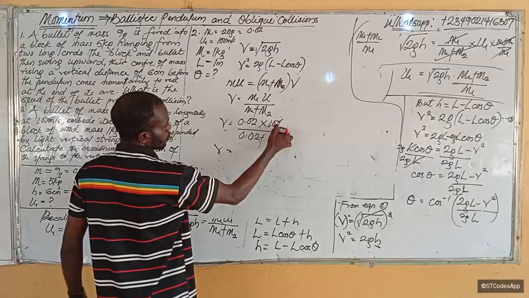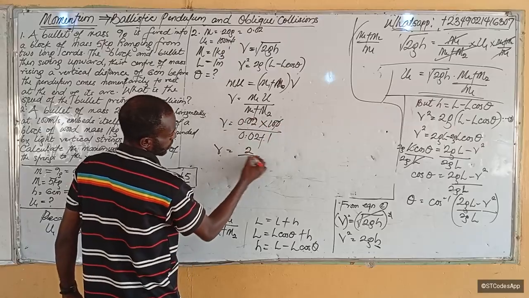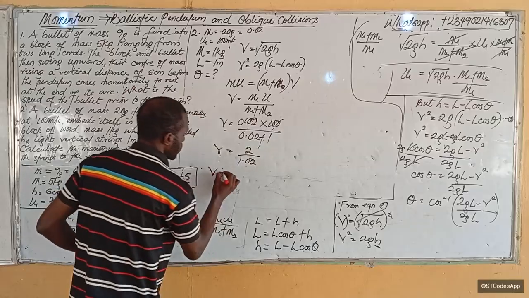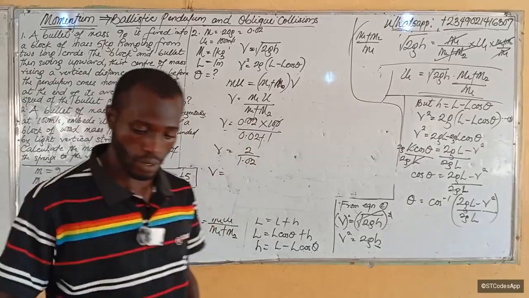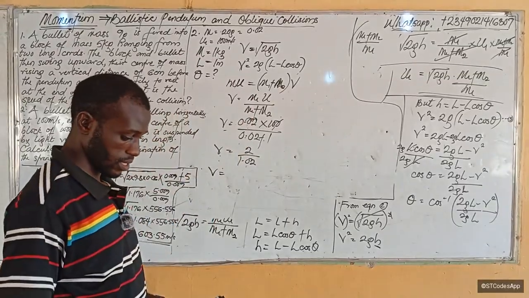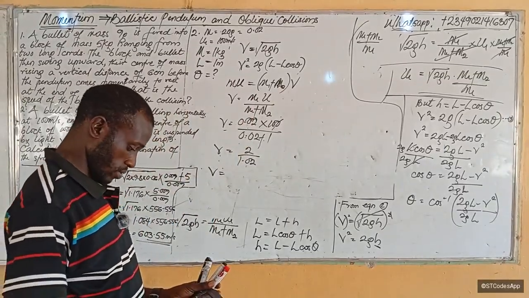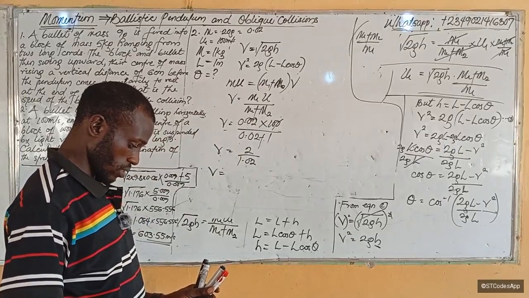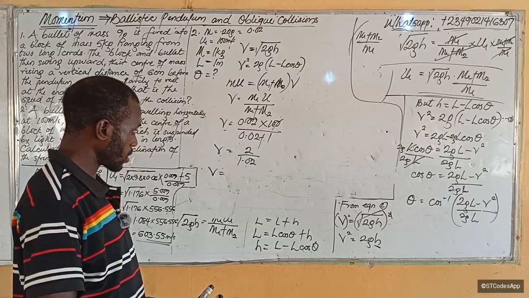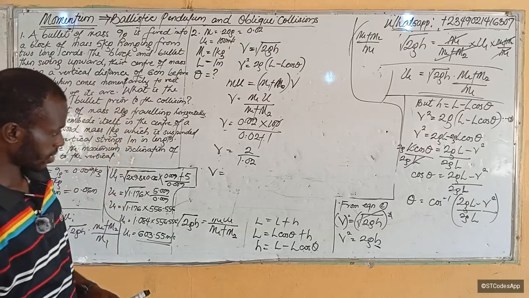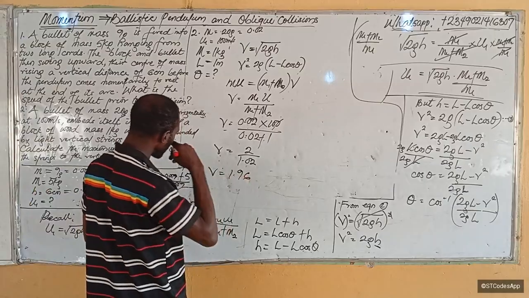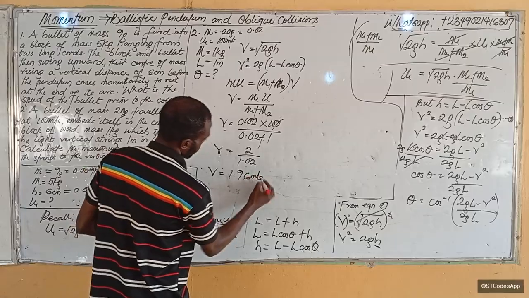So we have V equal to 2 over 1.02. Alright, so from here, V will be equal to 1.96 meters per second.